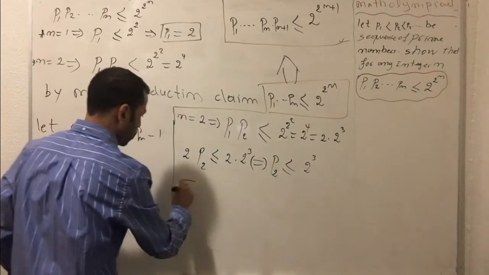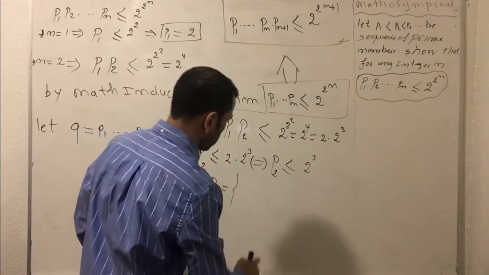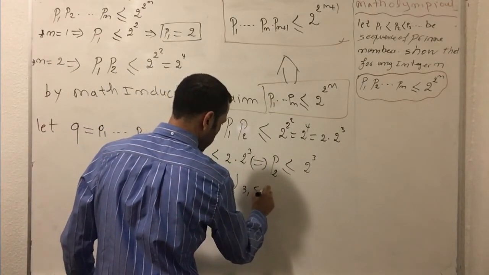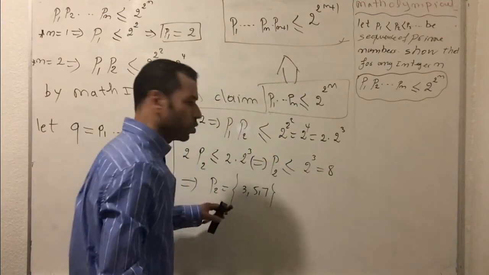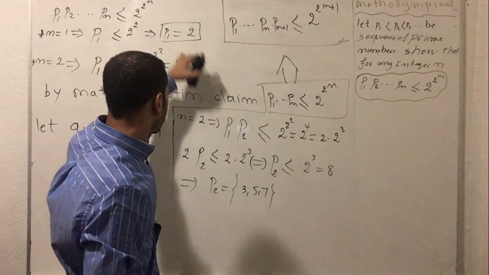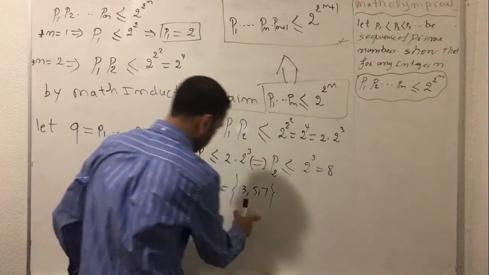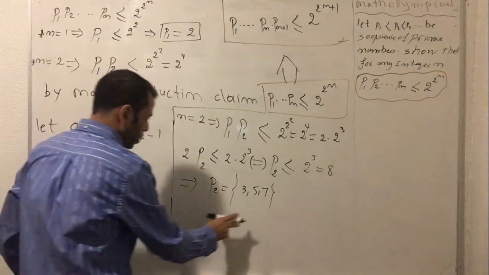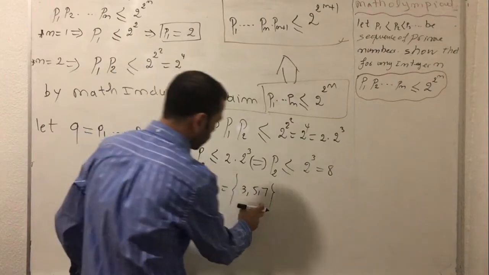So what is this telling me? P2 can take three choices: it could be 3, it could be 5, it could be 7, because this is 8. Since P2 is a prime number bigger than P1 equal 2, we have three choices. The minimum of P2 is 3, and the maximum of P2 is 7.